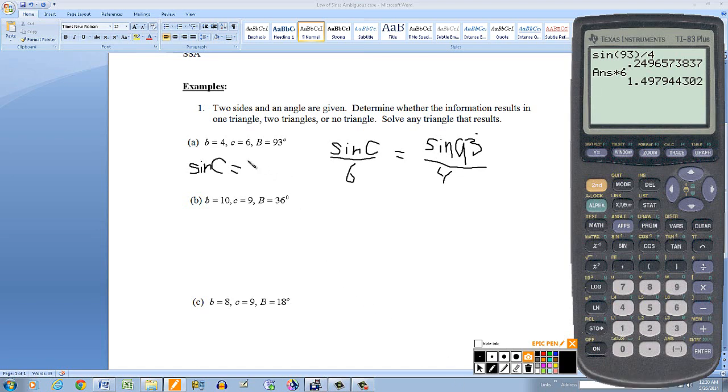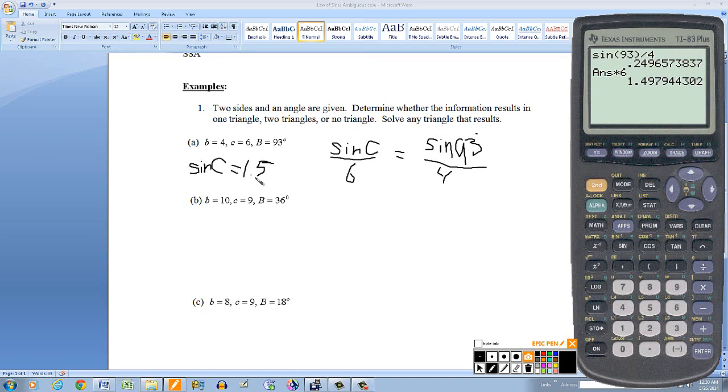Okay, so the sine of C is 1.5. My next step would be to find angle C by taking the sine inverse of 1.5 and computing that in degrees. However, at this particular point in your course of study, you should know that if you take the sine of any angle, you have to get a number between -1 and 1.